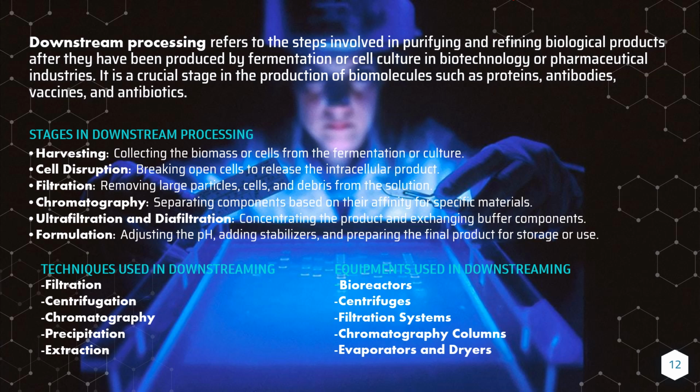Cells are forced through a small orifice at high pressure, disrupting them by shear forces. And the final one is sonication, where ultrasonic waves create high frequency vibration that disrupt cell membranes.